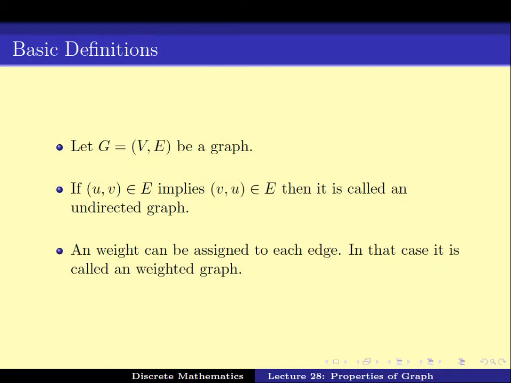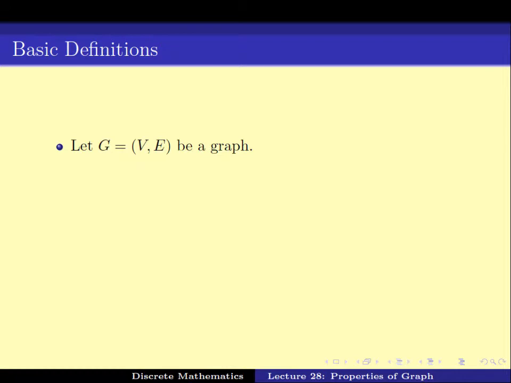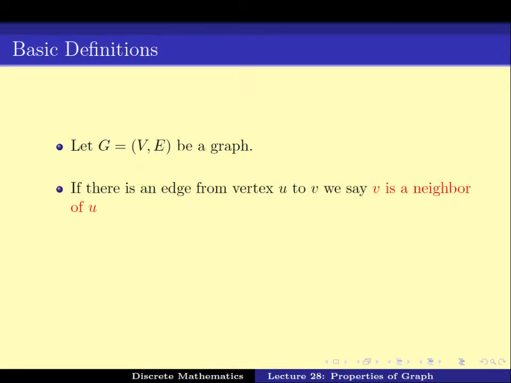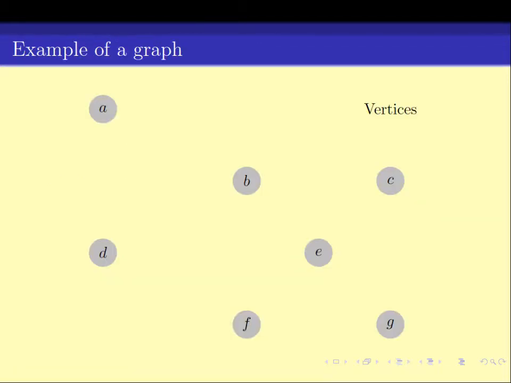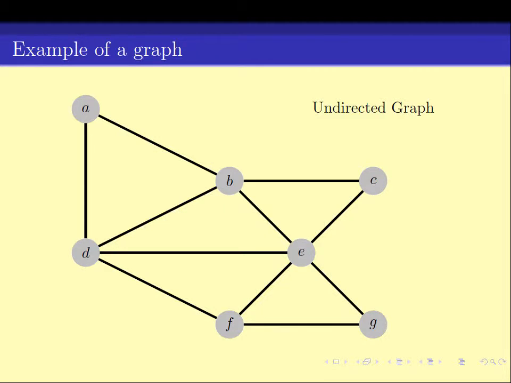And sometimes for our purposes we might add a weight to the edges. Also, if there is an edge from U to V, we say V is a neighbor of U, and the number of neighbors of V is known as the degree of V. So pictorially, we have this set of vertices and these edges to give the undirected graph.